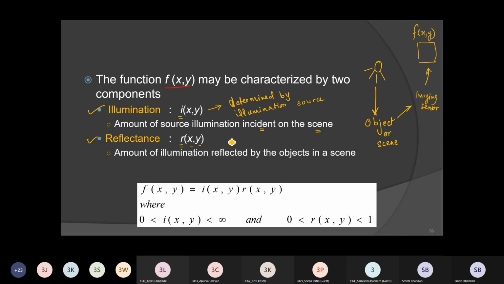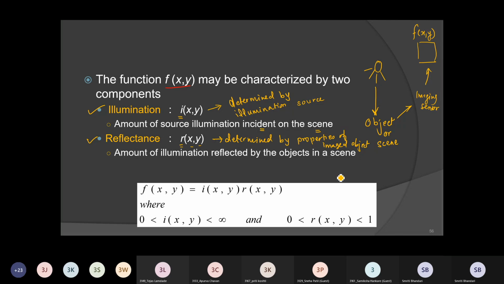And the nature of this r, that is reflectance, is determined by the properties of the imaged object, right? So if my object is such that all the incident light is being absorbed, then the reflectance may be 0. If the properties of my imaged object are such that all the illumination is being reflected, then total reflection, then it is 1.